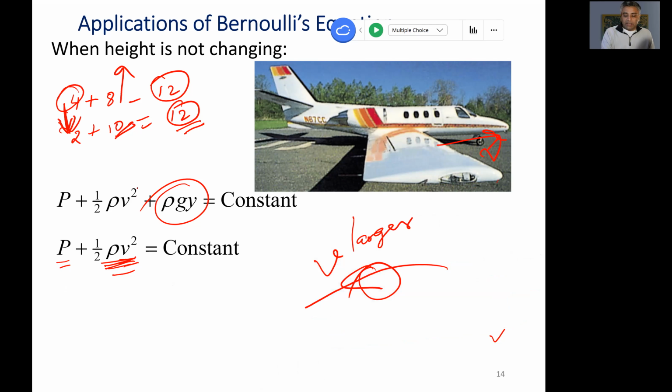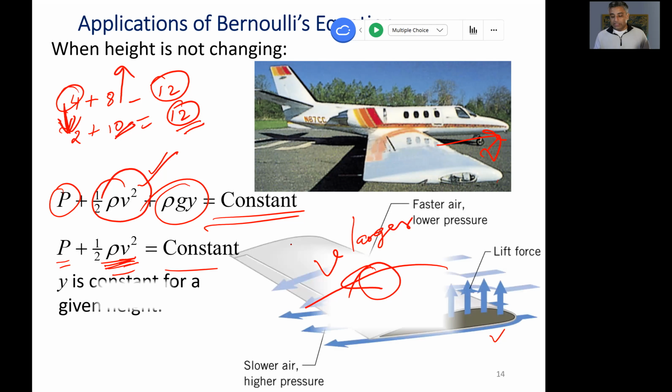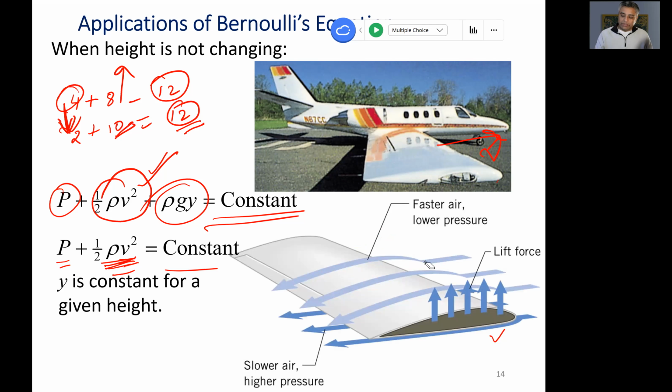So same thing here, when speed increases, this term is increasing. It's larger, which means P has to be smaller because this side is constant, okay? So that means pressure on the top of the wing is lower and on the bottom is higher. So higher pressure from the bottom, lower pressure from the top.